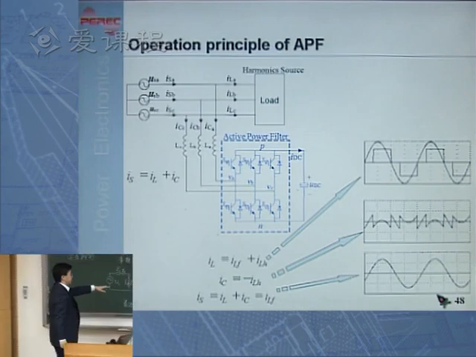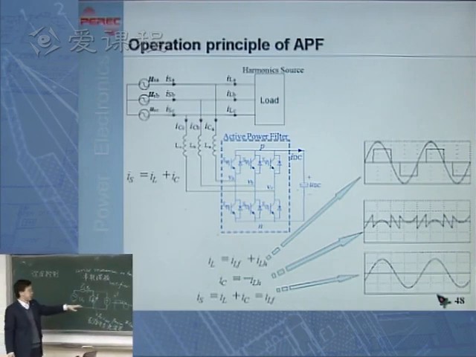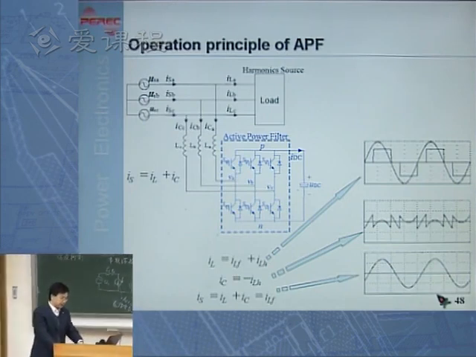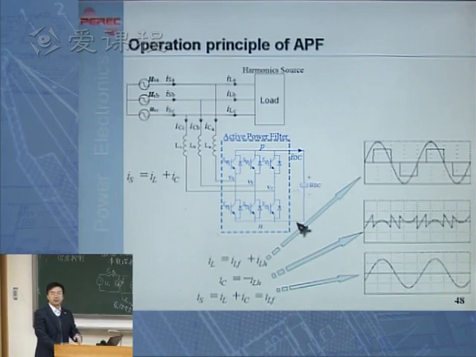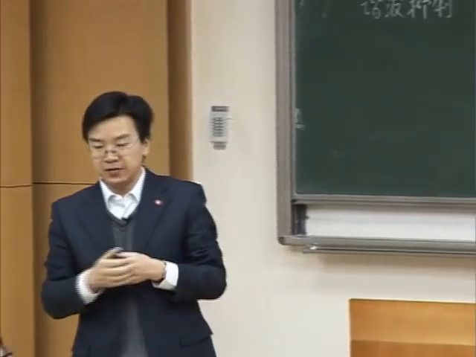Very similar to the traditional LC filter. But what do you think are the benefits of this active filter? Why is using a power converter instead of an LC filter better?